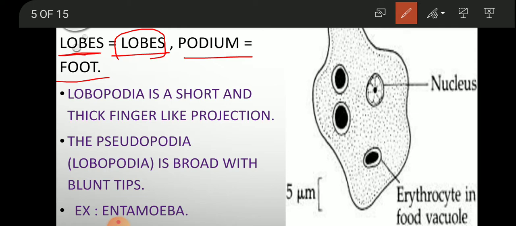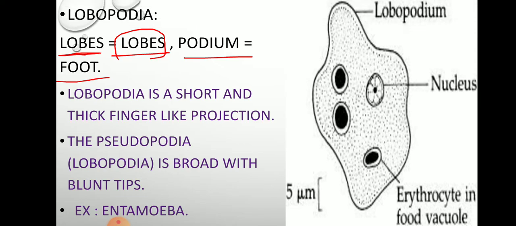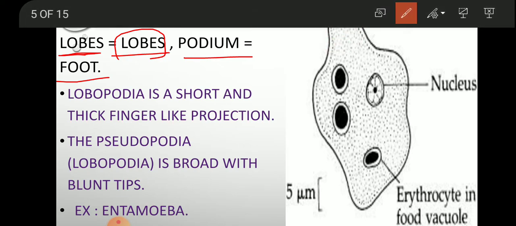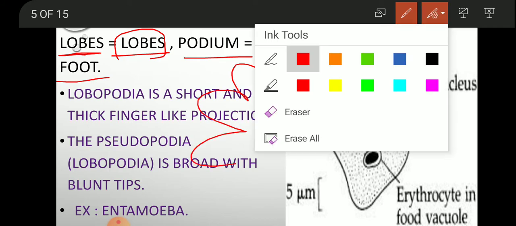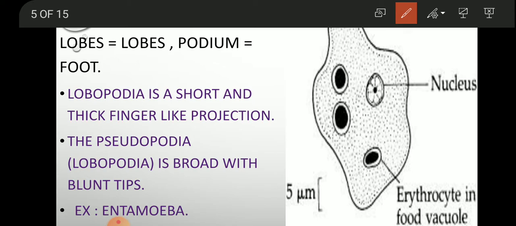So lobopodia is a short finger-like projection. You can see it is a finger-like projection here, like a finger, is it not? So the lobopodia is a short, thick finger-like projection.